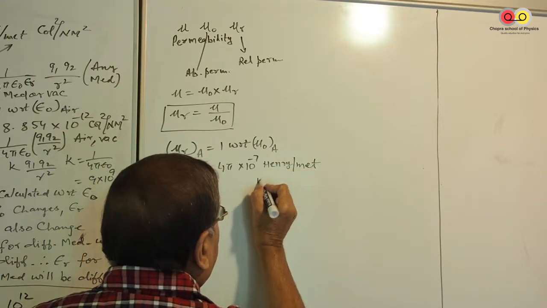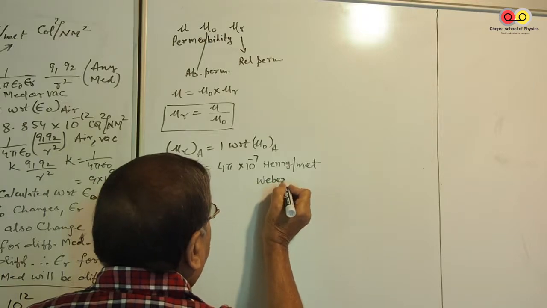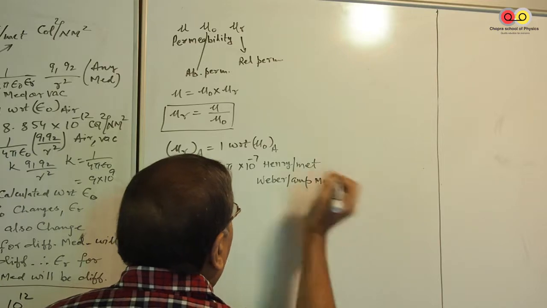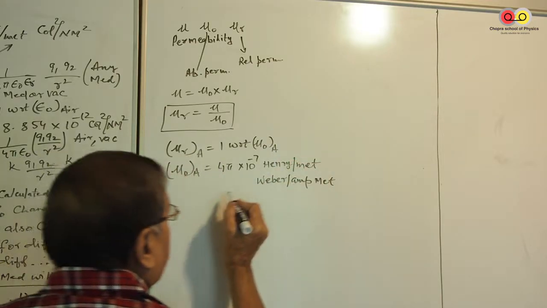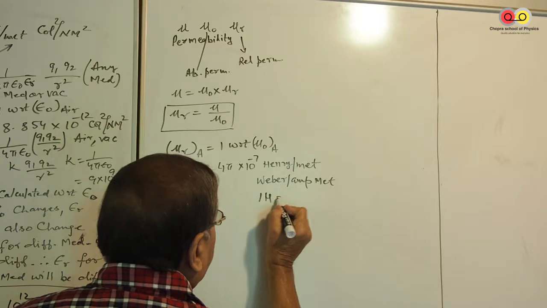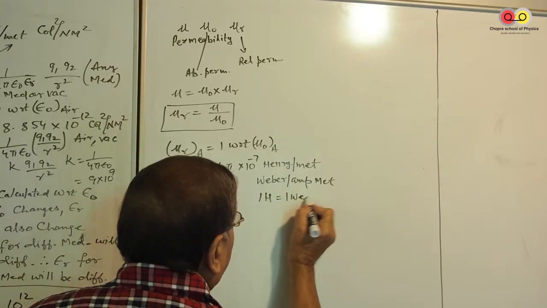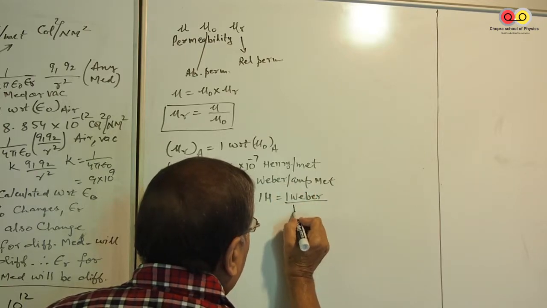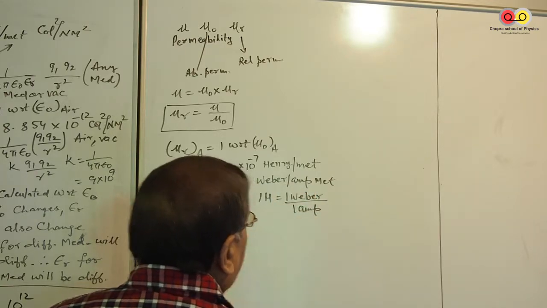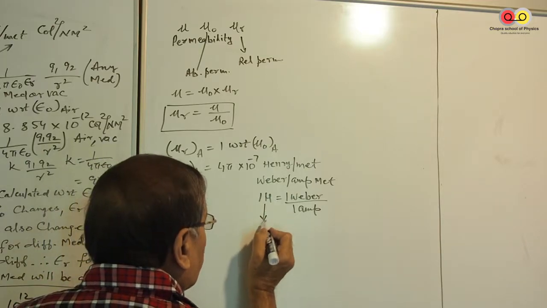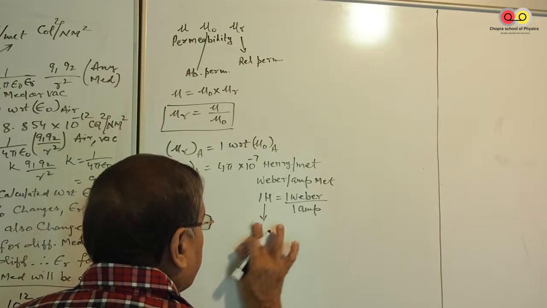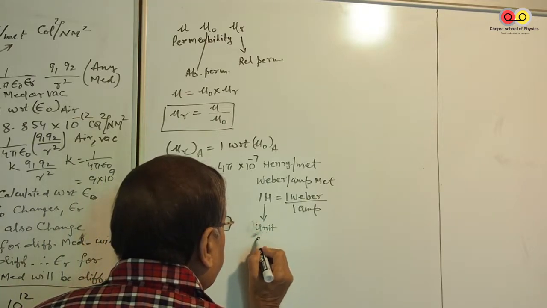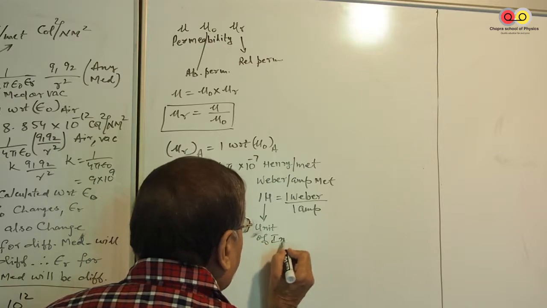The alternative unit is Weber per ampere meter. That is the same thing. 1 Henry will be equal to 1 Weber per ampere. Henry is the unit of inductance.